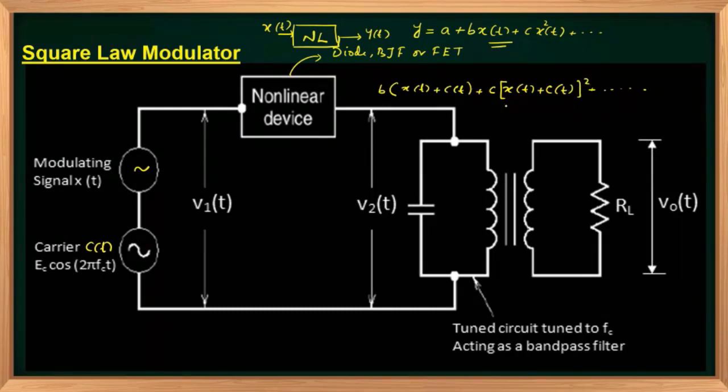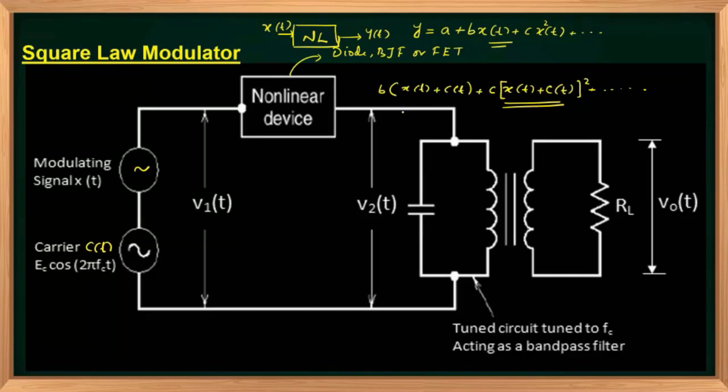The square term especially contains a product term. This product term contains x of t square, then a product term x of t into c of t, plus a c of t square term.